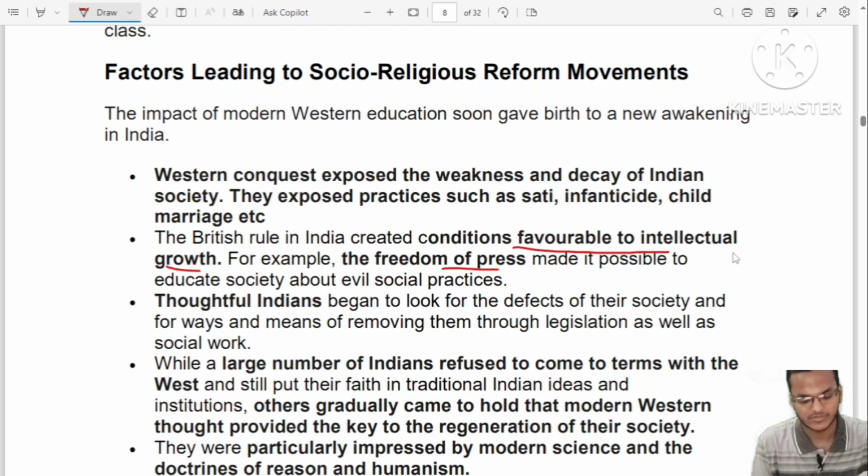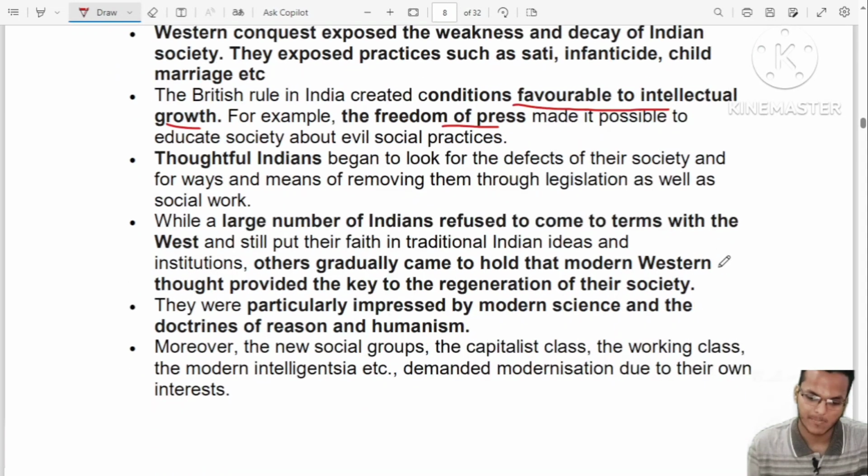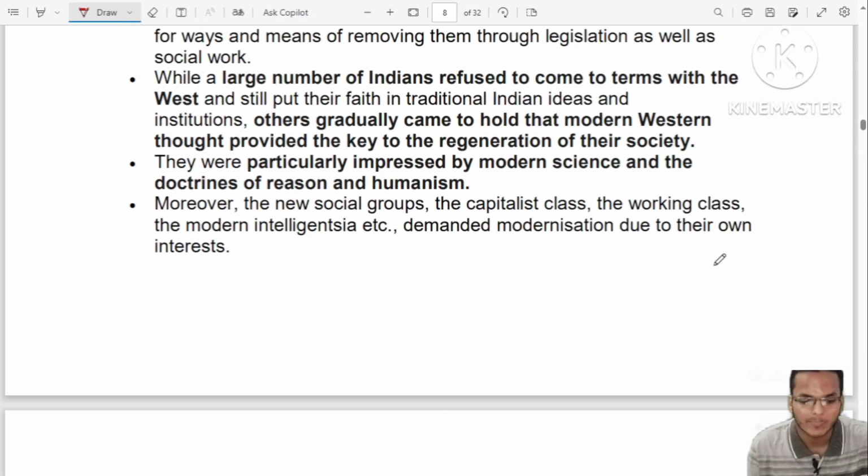The thoughtful Indians saw these as positive effects, and a large number of Indians saw these things as positive for Indian society.